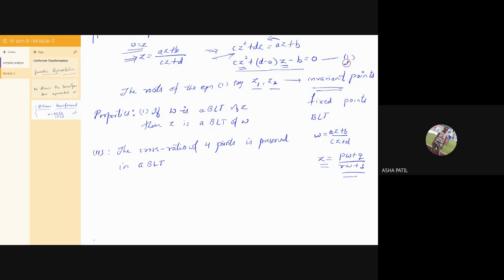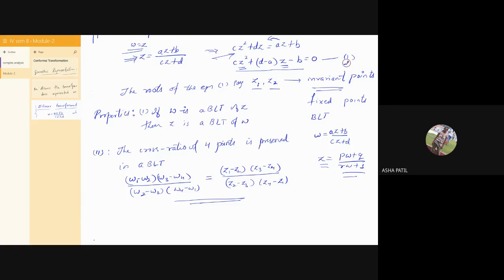That is, the cross ratio is given by W1 minus W2 into W3 minus W4 divided by W2 minus W3 into W4 minus W1 is equal to Z1 minus Z2 into Z3 minus Z4 divided by Z2 minus Z3 into Z4 minus Z1.